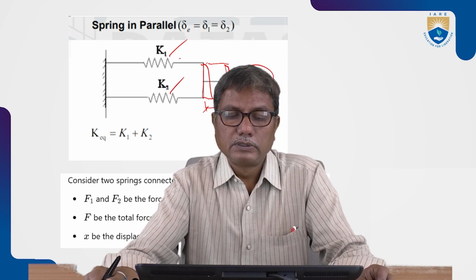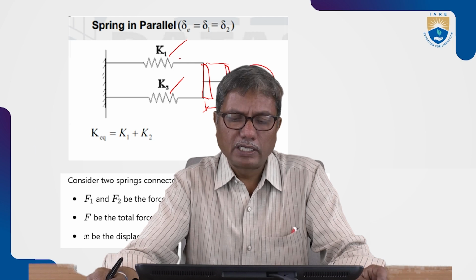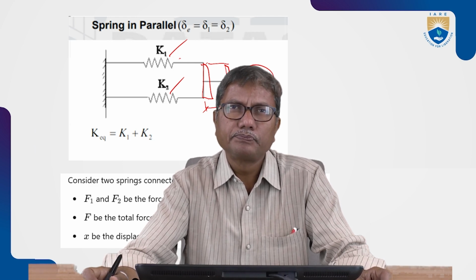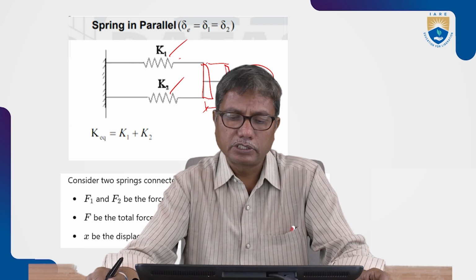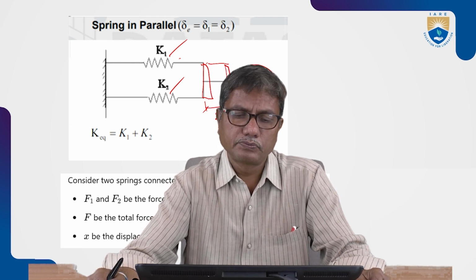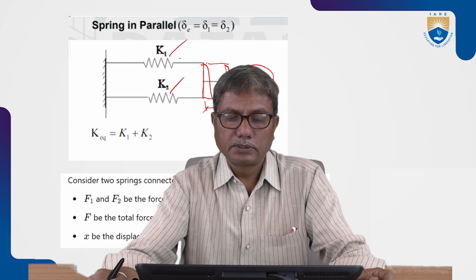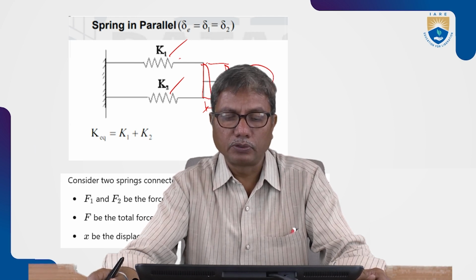So, unlike series connection, where the total elongation is the sum of the individual elongations, x equal to x1 plus x2, we have seen that. But here, the elongation is the same for both.